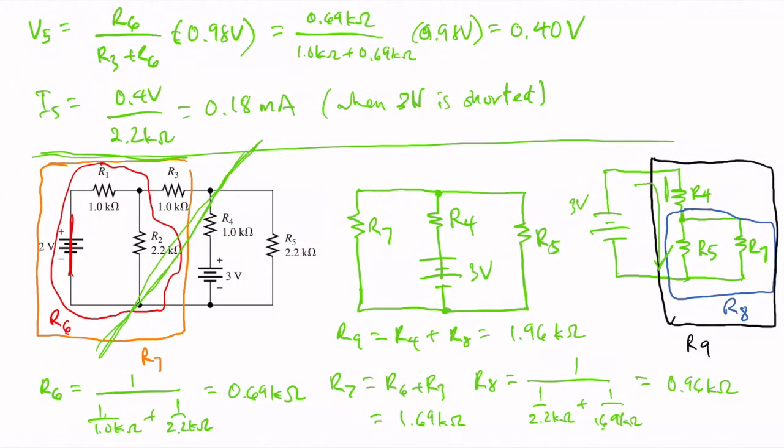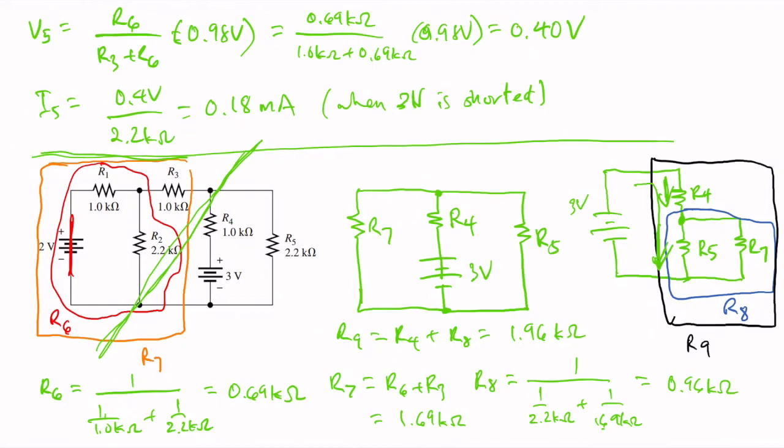So I4 is equal to 1.53 milliamperes. This is the current passing through R4, but it's also the same current passing through R8. And that current separates into two currents, I5 and I7 here.